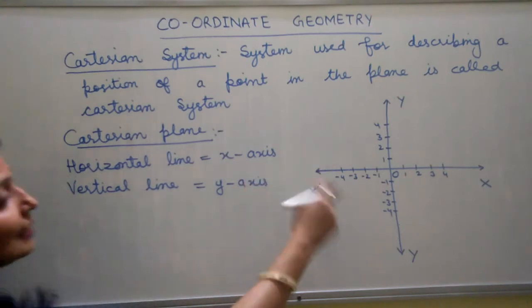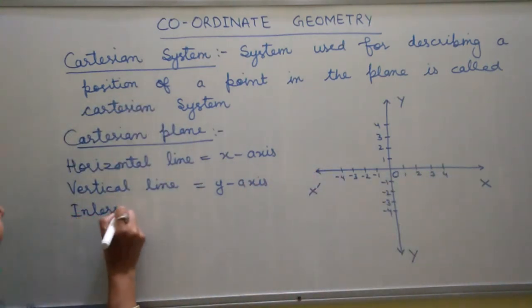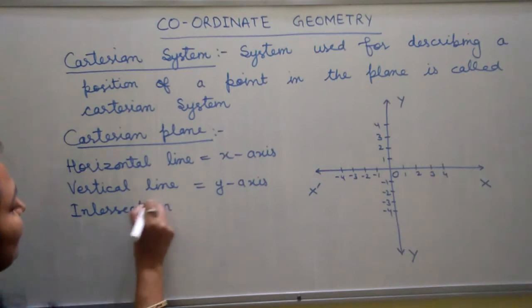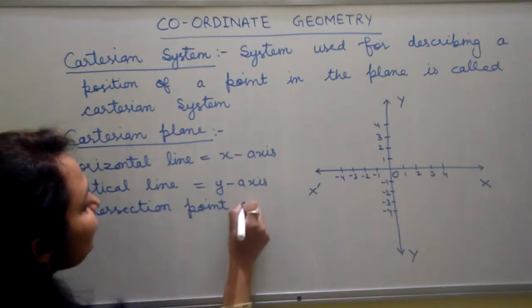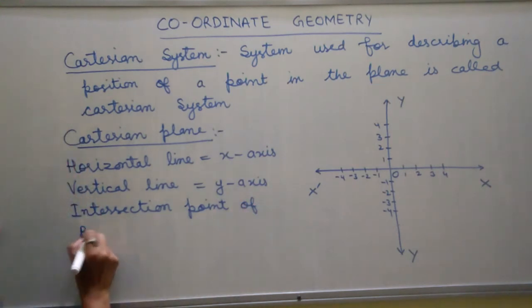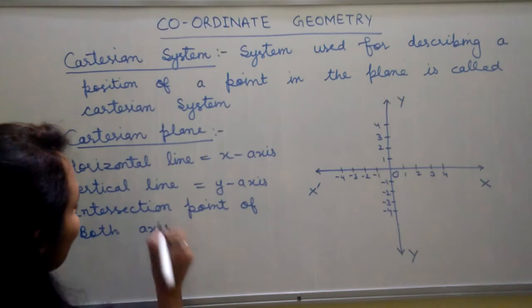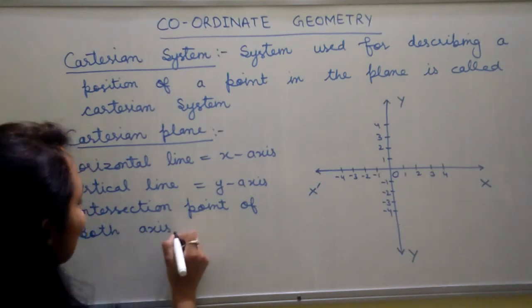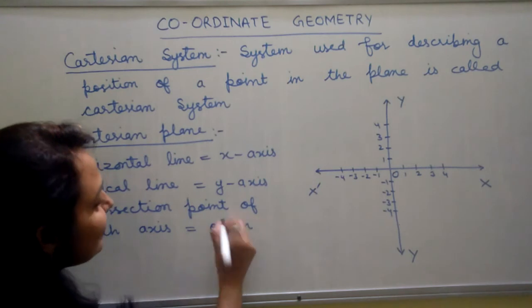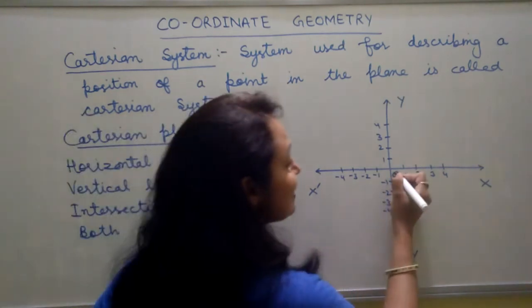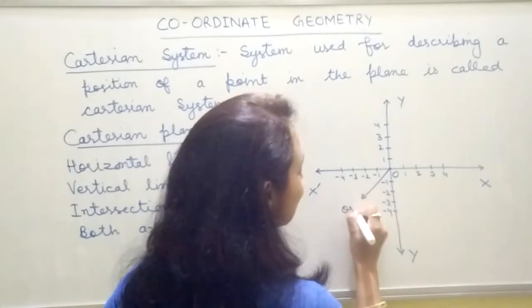The intersection point of both axes is known as the origin. This point is known as the origin.